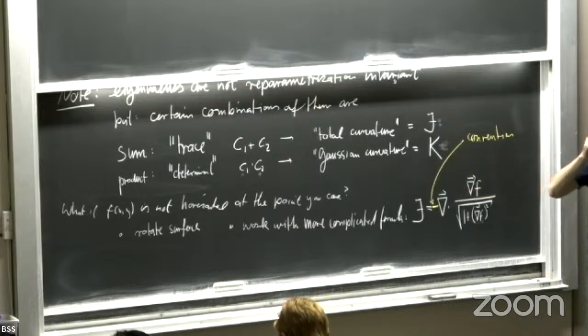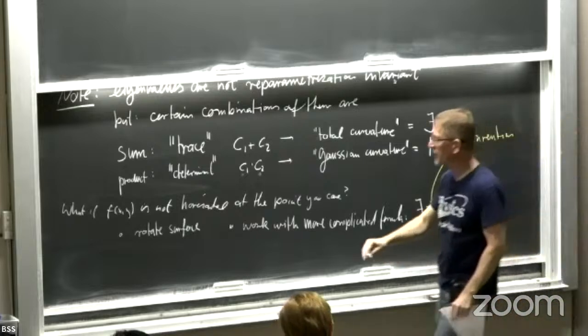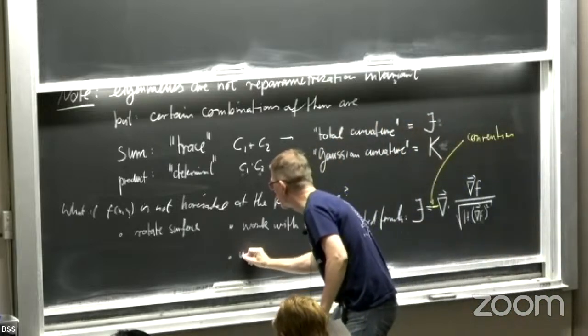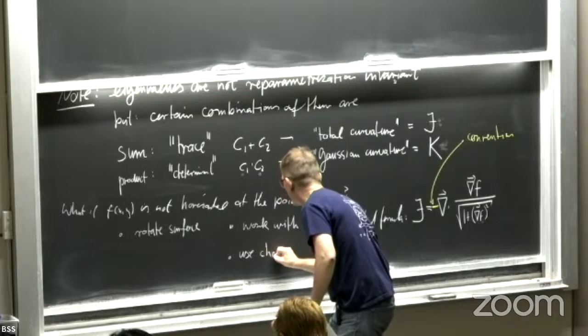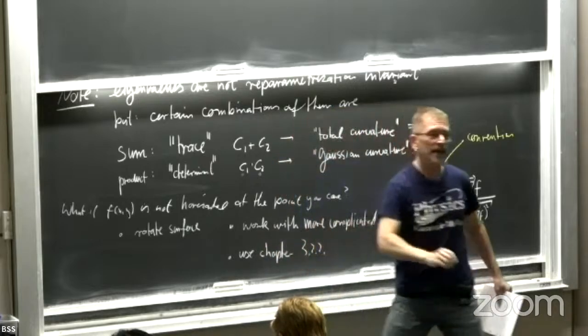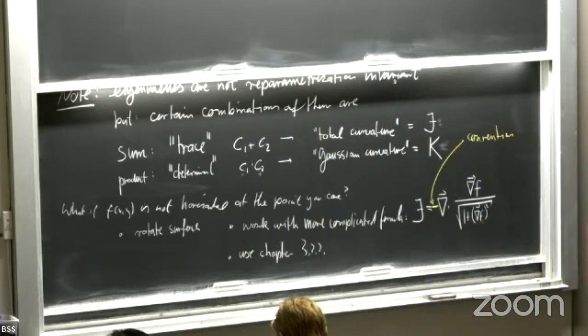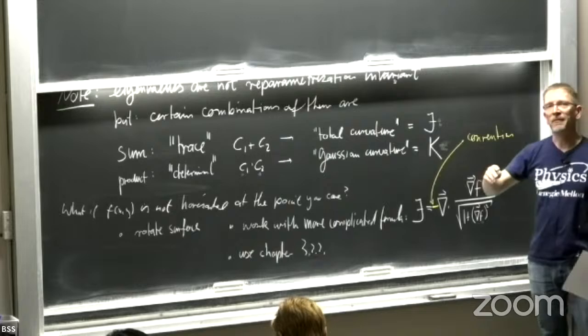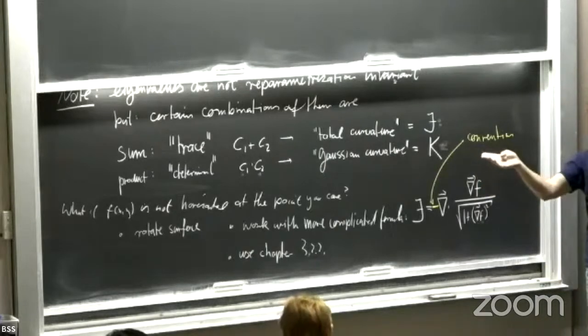And it's in the third point that you can do, which is use chapter 3.2.2, you will also discover that you can define things which is a generalization of the Hessian, which is a curvature tensor, and this multiplied with an inverse metric and traced over will give you that.